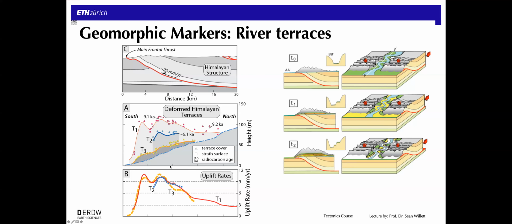Each of these terraces has more or less the same pattern of uplift, regardless of the age of that terrace. So they have the same temporal pattern and more or less the same spatial pattern, but that spatial pattern is not constant, right? This is not a region of constant uplift. In fact, it's almost zero here, very small at each end, maximum in the middle.